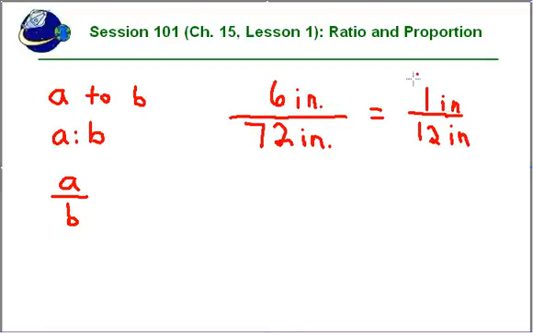Now that we know that that's what our scale is, let's go ahead and erase that because I want to look at something else here. We know that our scale here would be for every 1 inch in the picture, it represents 12 inches in real life. But let's say within the same picture, we have somebody who's 5 feet tall. 12 inches to a foot, 5 times 12, that person would be 60 inches tall.